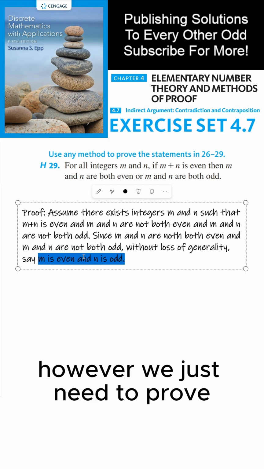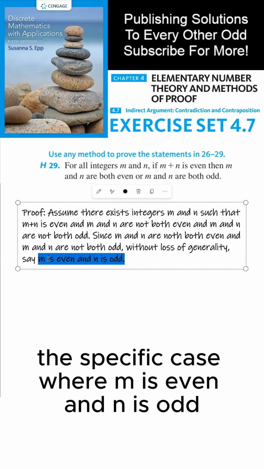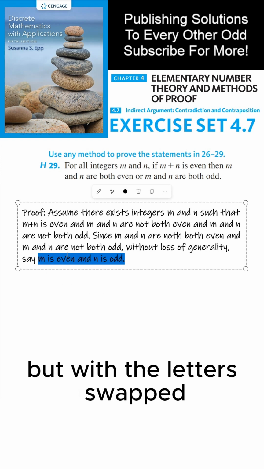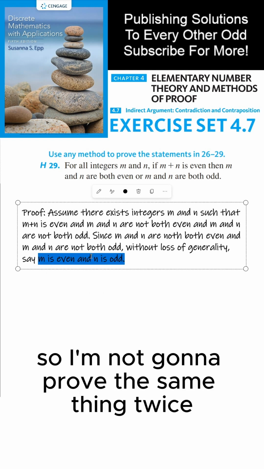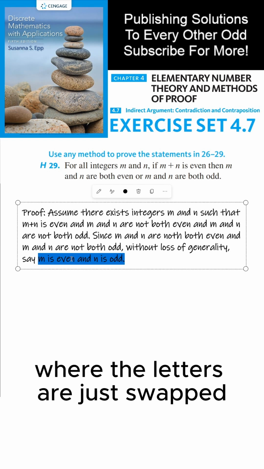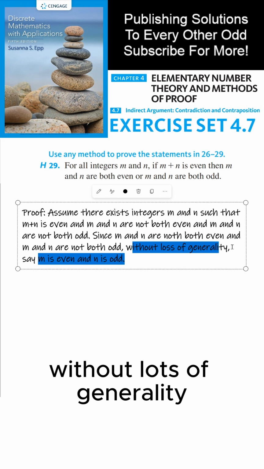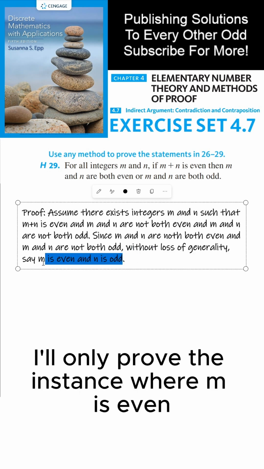However, we just need to prove the specific case where m is even and n is odd, since the other proof will be exactly the same, but with the letters swapped. So I'm not going to prove the same thing twice, where the letters are just swapped. I'm just going to prove the thing once, and by saying without loss of generality, I'll only prove the instance where m is even and n is odd.